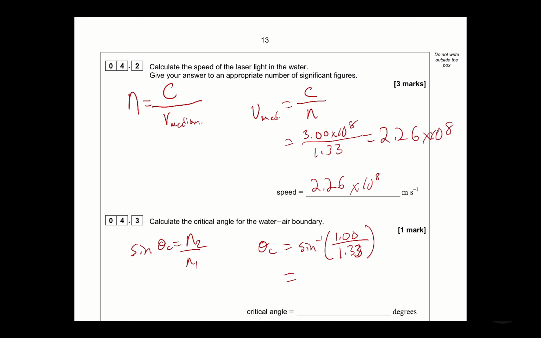That gives 48.8 degrees. So 48.8 degrees. All of it is very straightforward applications of math so far. As long as you know the formulas and know what the symbols mean, then you'll be okay.